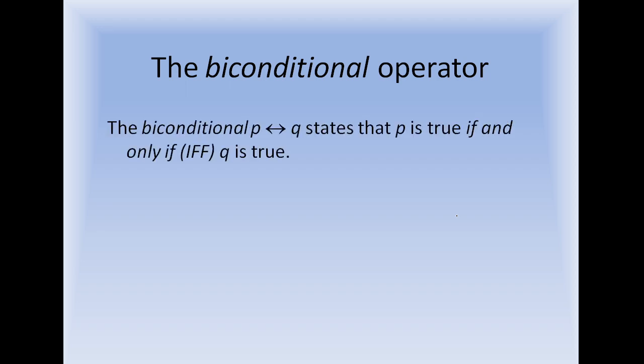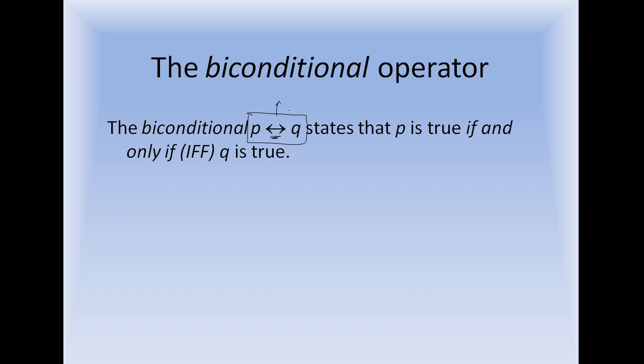It is a biconditional. The last compound statement. Biconditional operator. The biconditional is represented by P double implies Q. This double arrow is known as the double implies, or it is known as the biconditional.